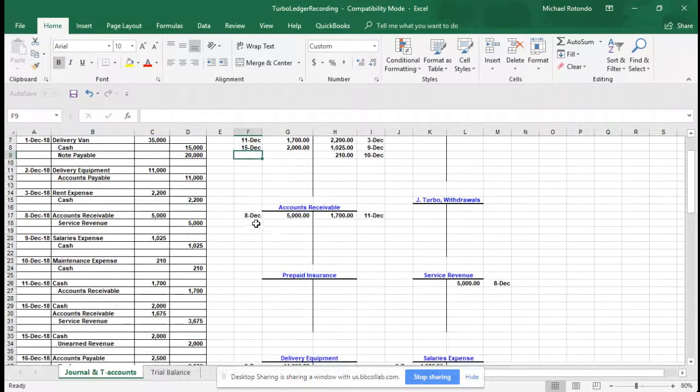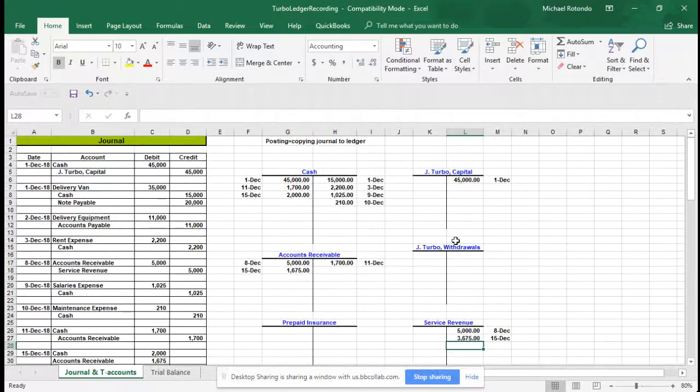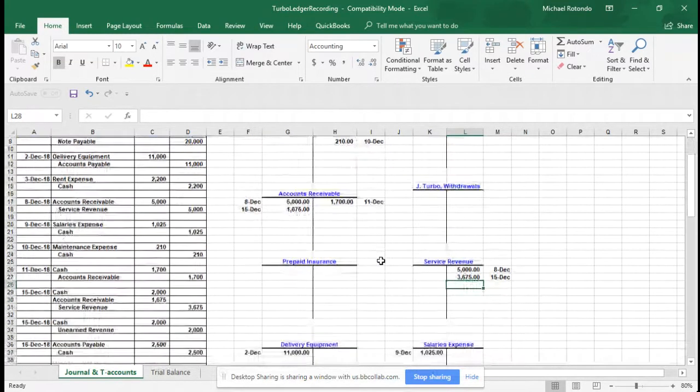We have a debit to accounts receivable, $1,675, and we have a credit to service revenue for $36.75. So you can see things are starting to shape up here with our T accounts.